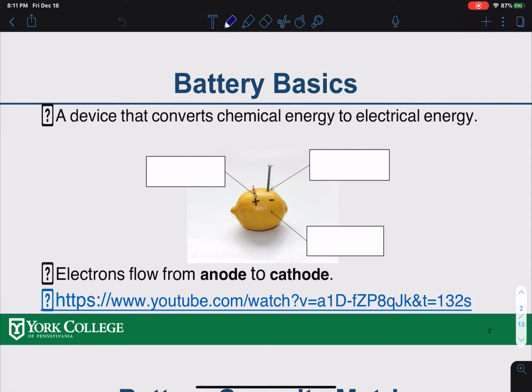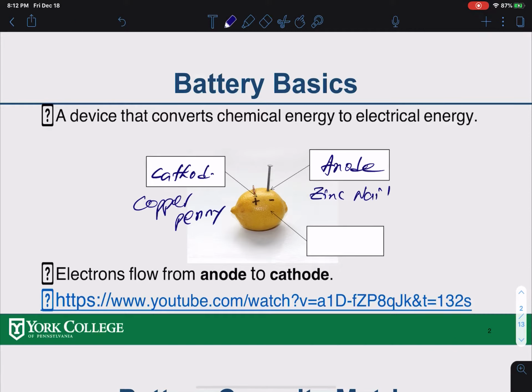You have a zinc nail over here, which is our anode, and we have a copper penny over here. This is our cathode. And also inside this lemon, we have acidic solution here.